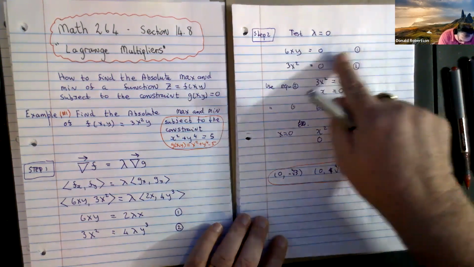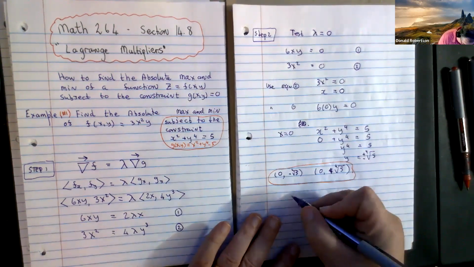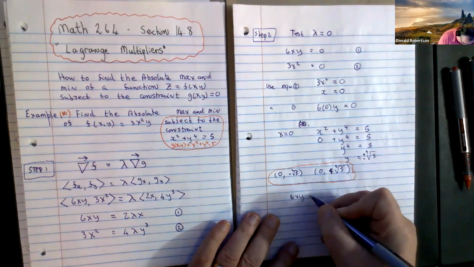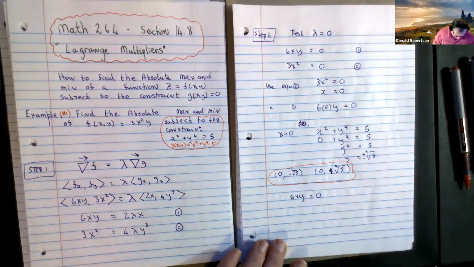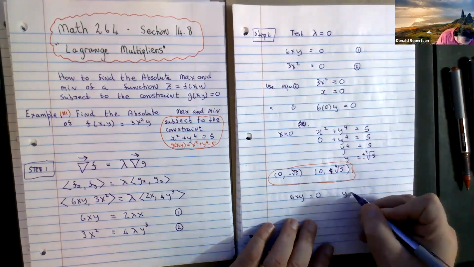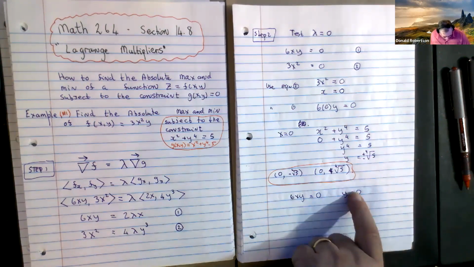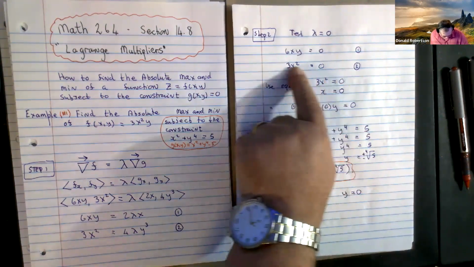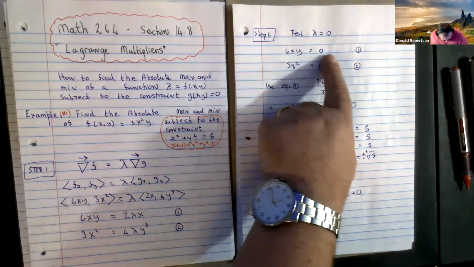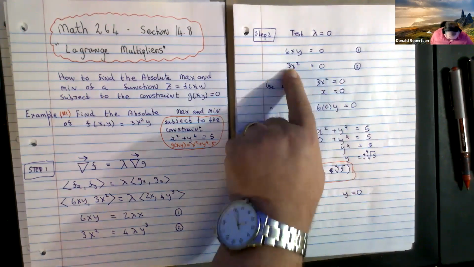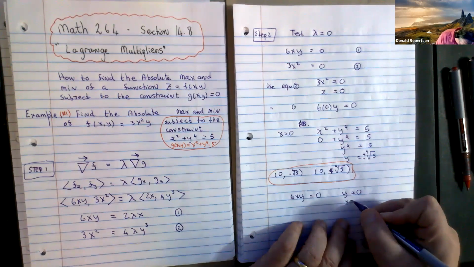Let's go back to these 2 equations. If 6xy equals 0, couldn't that also happen when y is equal to 0? And does y equals 0 affect this? Well, if y is equal to 0, this will only be 0 when x is equal to 0.